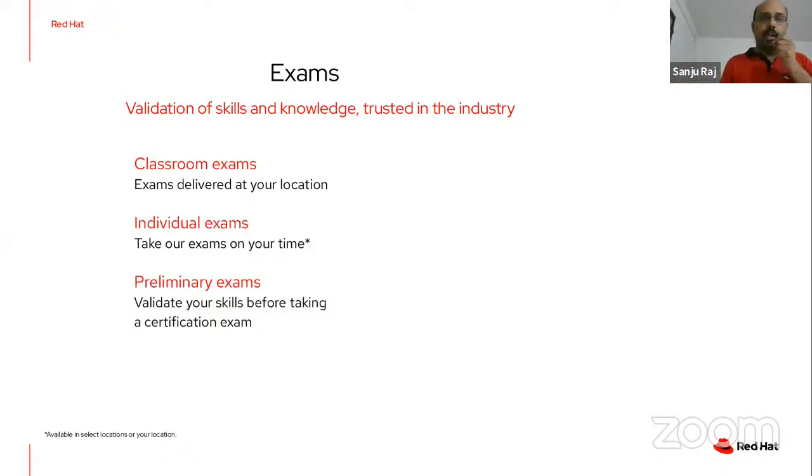One is where you visit a training partner which has the COLA facility, which is an individual, proctored, monitored exam. Otherwise, you also have the second option wherein you can write an exam at the comfort of your home.